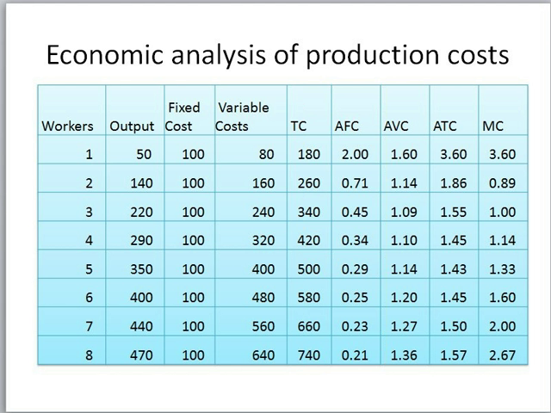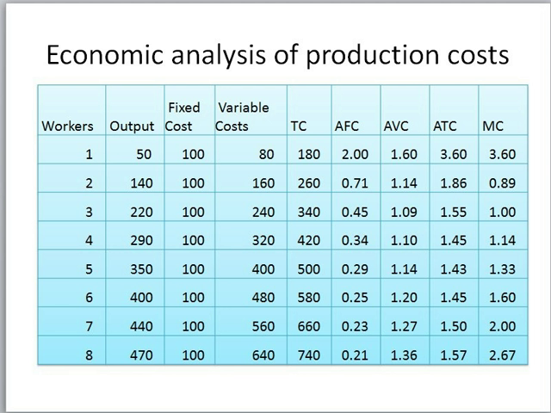That is how we spread the $100 among the number of total units we produce. So 100 over 50 in output, that's $2 per piece. But if we can produce 140, then the average fixed cost is reduced to 71 cents. And if we keep increasing in output at 220 units of output, the $100 are spread out to 45 cents a piece, and so on and so forth.